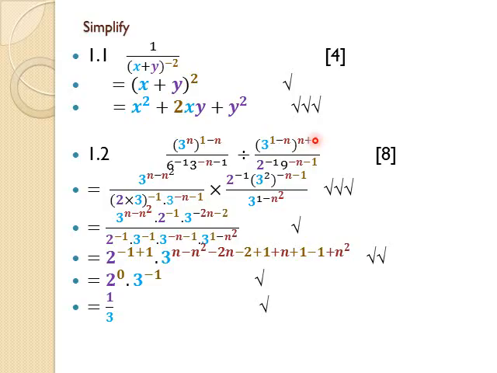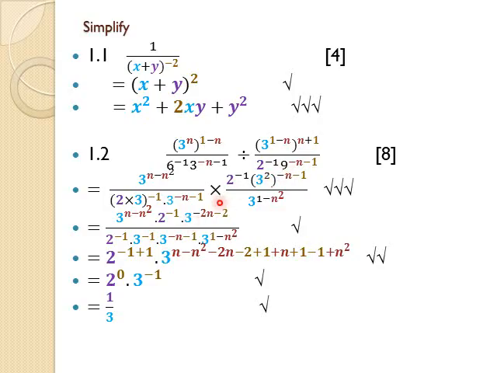So 1 times 1 gives me 1, minus n times n gives me negative n squared. Right, 3 marks for multiplying correctly and at the same time setting the correct prime bases, and also identifying difference of 2 squares. So now I have n minus n squared, right, times 2 to the negative 1.